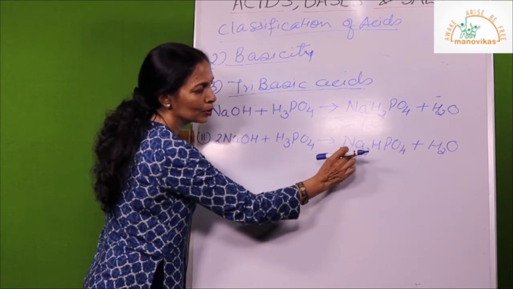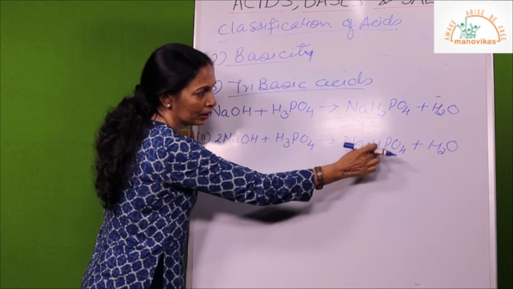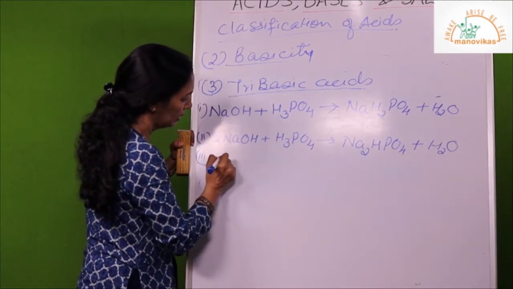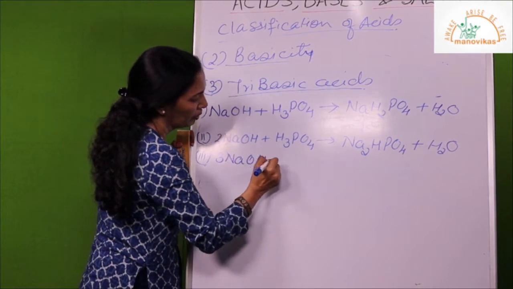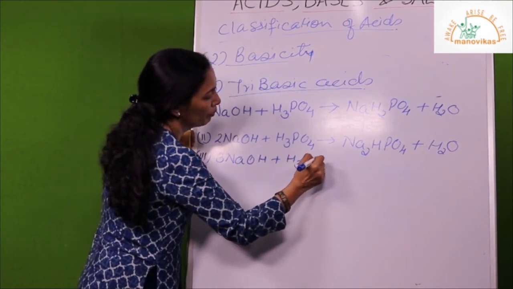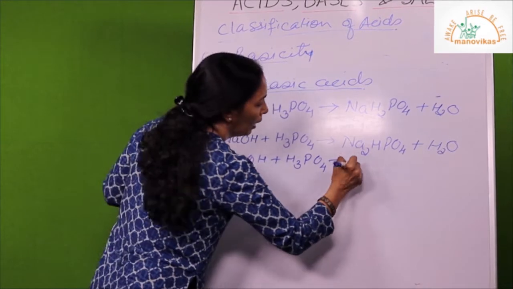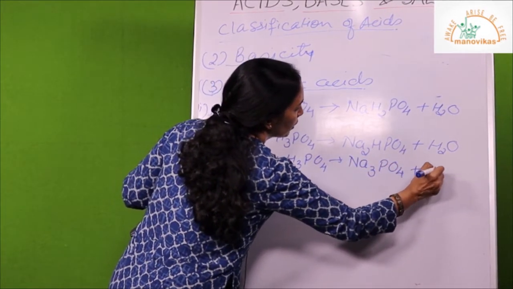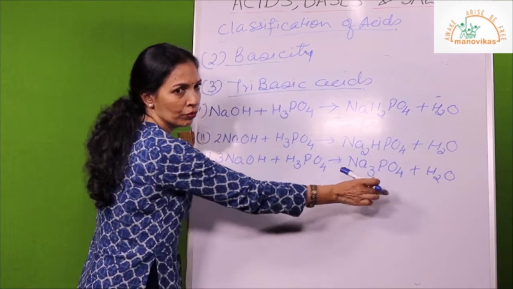This is known as sodium hydrogen phosphate, an acid salt. And the third one is 3NaOH plus H3PO4, which will give you Na3PO4 plus H2O, sodium phosphate.